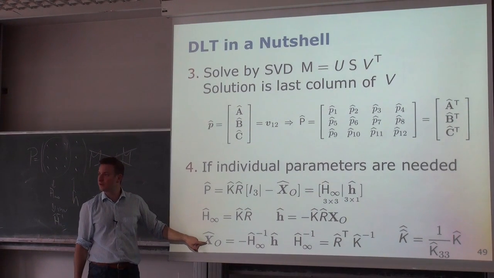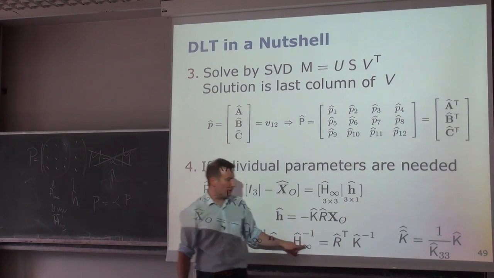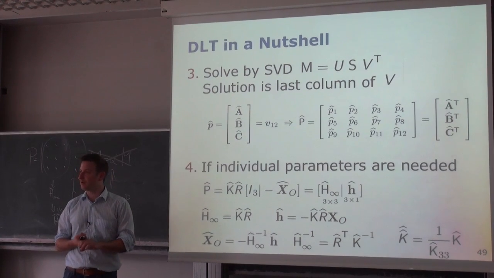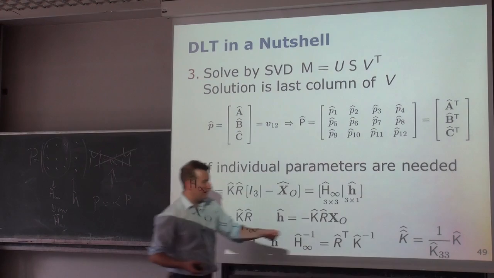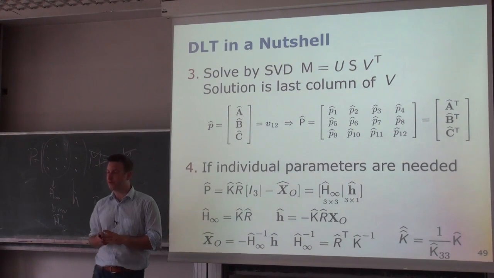You can directly compute the location of the pinhole, and with the QR decomposition you can directly estimate the rotation matrix as well as the calibration matrix. And this then encodes all the intrinsic parameters of your camera.